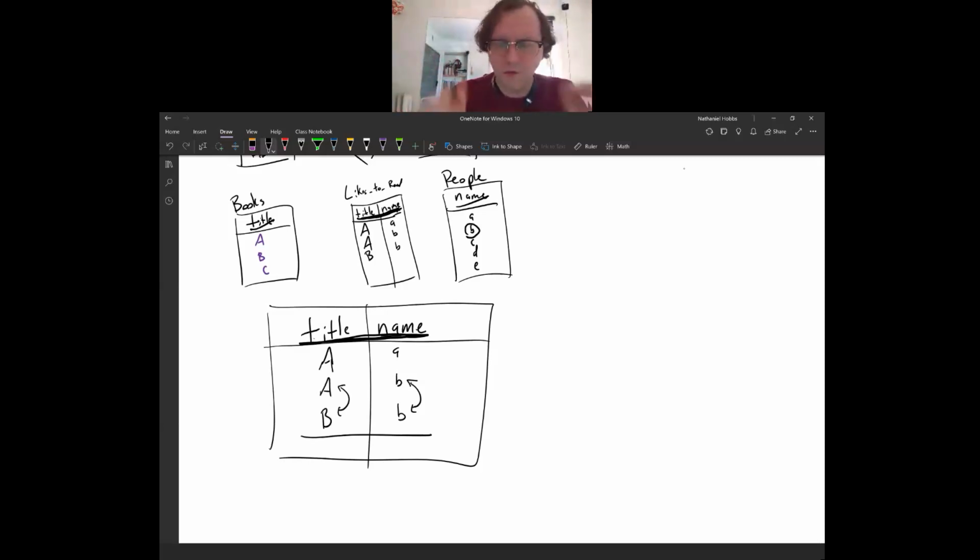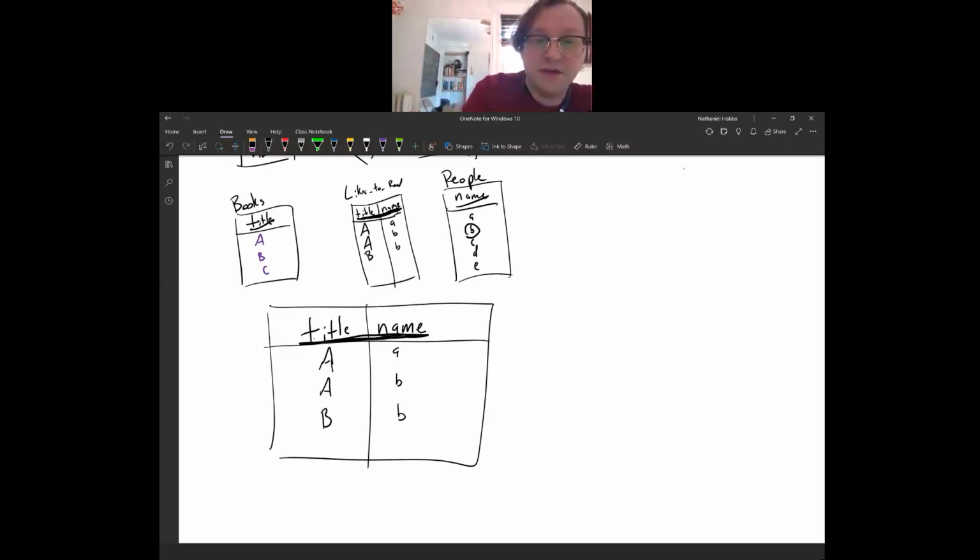I have to look up. One of them is if you have a key like this, like I just described. Another is if you have keys like this, where you can have more than one key. In this case, a book can only appear at most once, and names can only appear at most once.